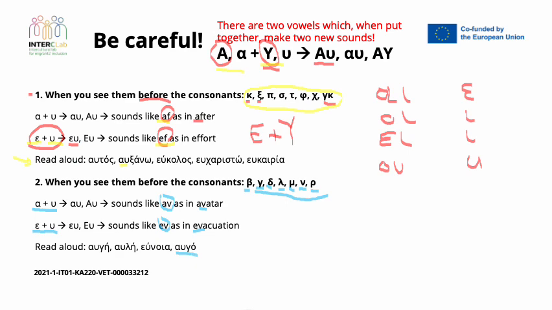Okay, so just to recap everything, when a and e, and e and e, are before these consonants, they sound af and ef. And when they are before this group of consonants, they sound like av and ev.